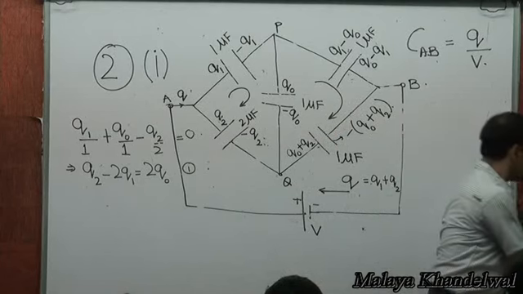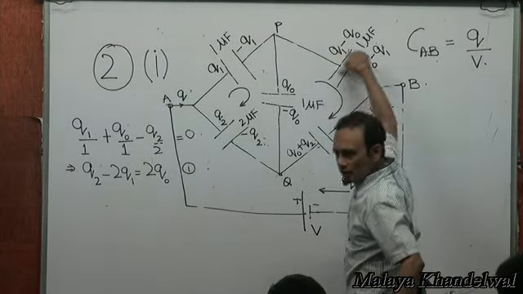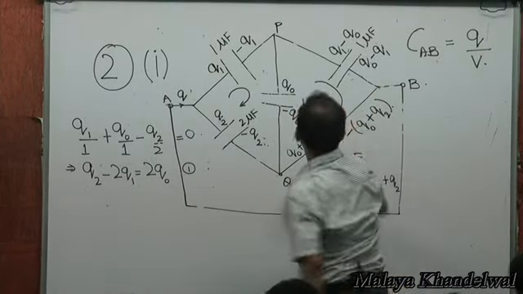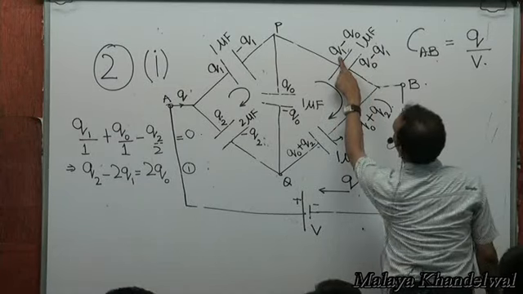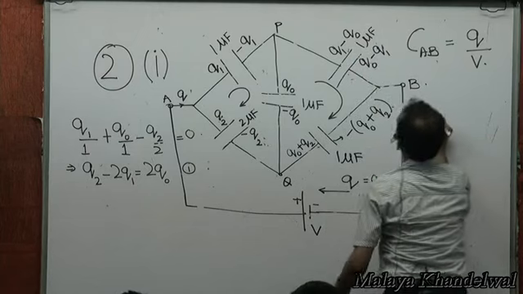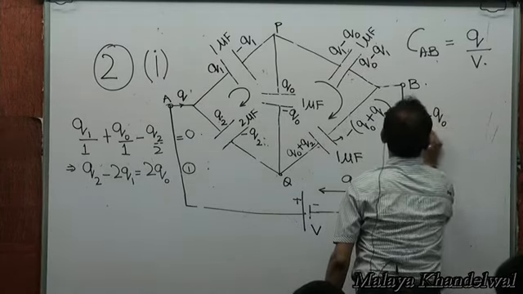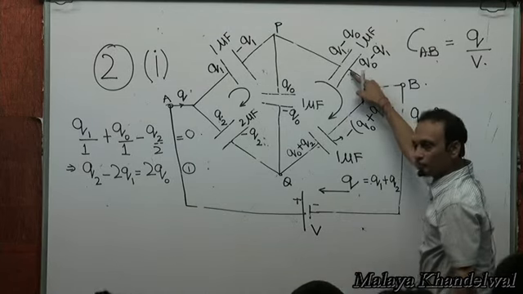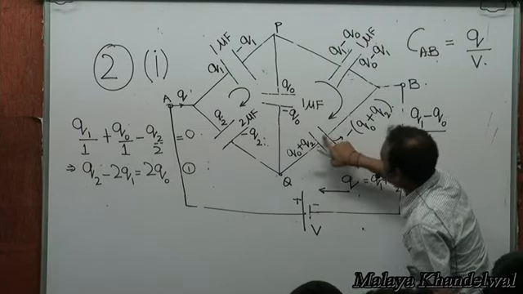Right? Now, let me deploy KVL to this loop as well. What's the drop from here to here? Charge on the first plate divided by 1, right? So, Q1 minus Q0 divided by 1 is the drop from here to here. Then I go here. Charge on this plate divided by 1.